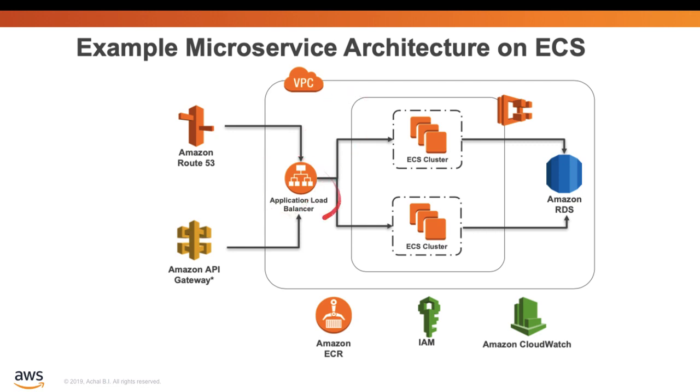We already saw that there could not be just one ECS cluster, but there could be many ECS clusters which could be load balanced by an application load balancer, and both clusters could be communicating with RDS, and it is always protected by IAM security and IAM policies. You could communicate with ECR and CloudWatch as well.